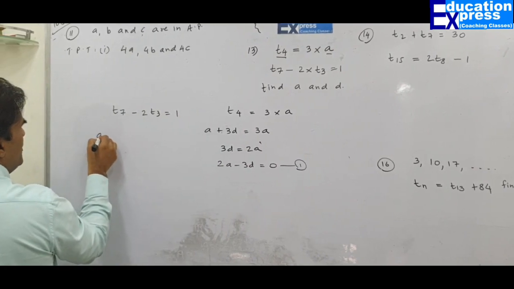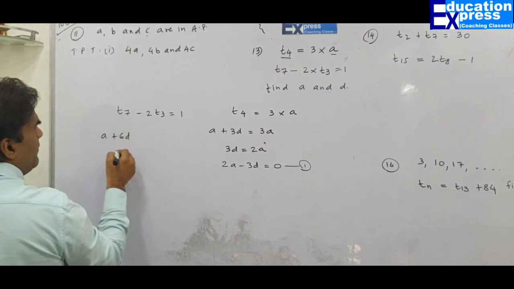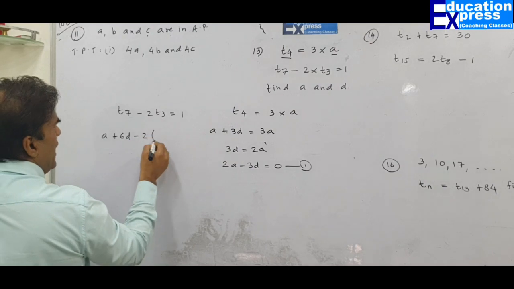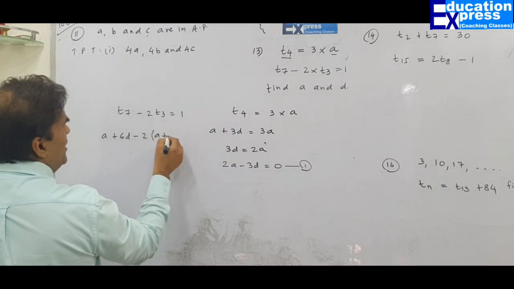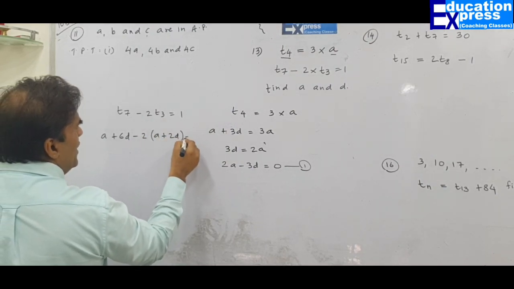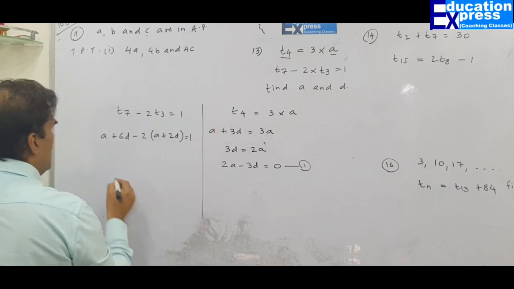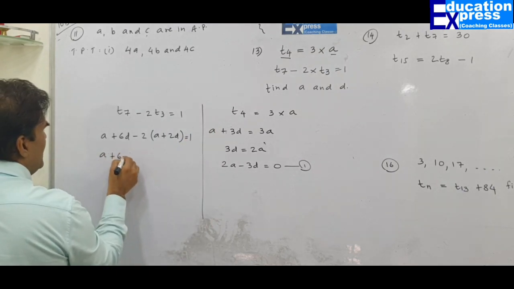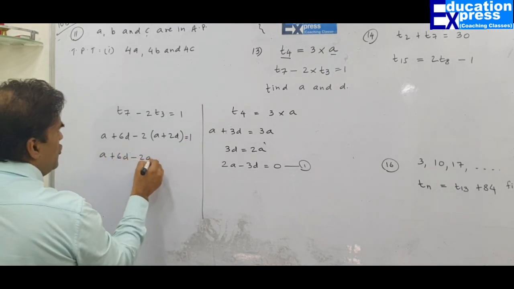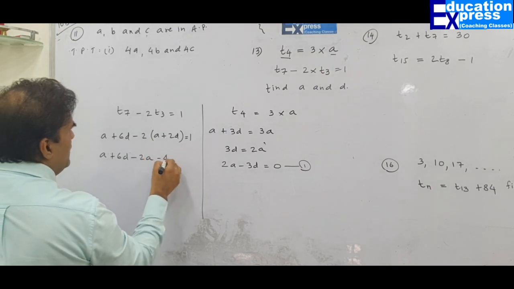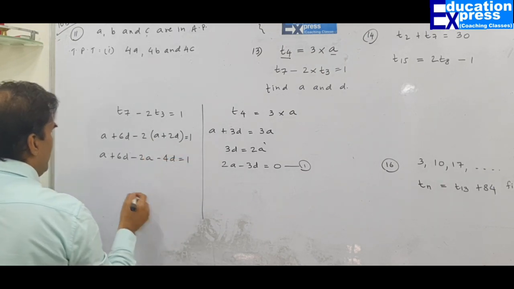What is T7, sir? a plus 6d, minus 2 times T3, which is a plus 2d, equals 1. So a plus 6d minus 2a minus 4d equals 1.